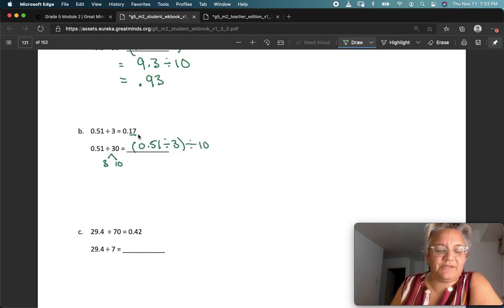Now I know that this right here is already 17 hundredths, and I don't have to do any more work than that. Now divided by 10, and that means I'm going to move it over 1 more to the left, which means my new answer is 17 thousandths.